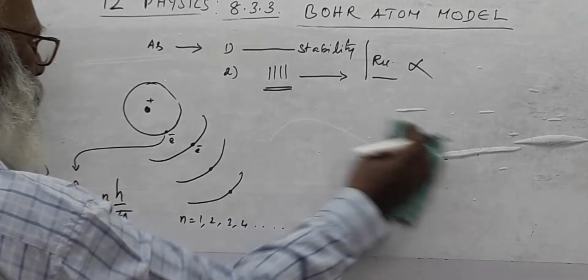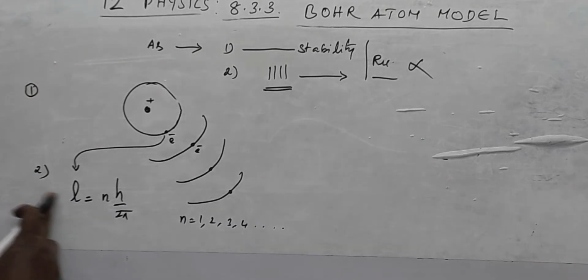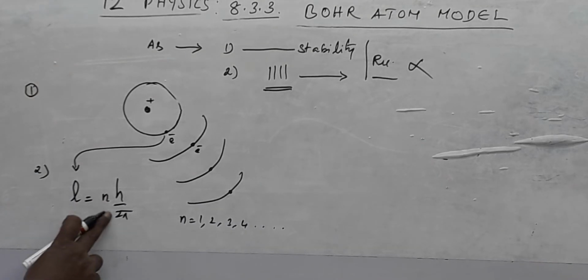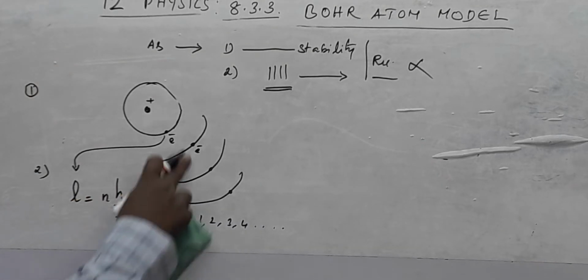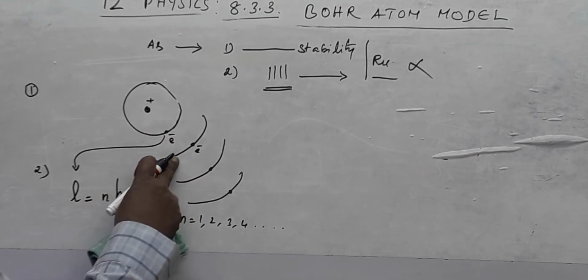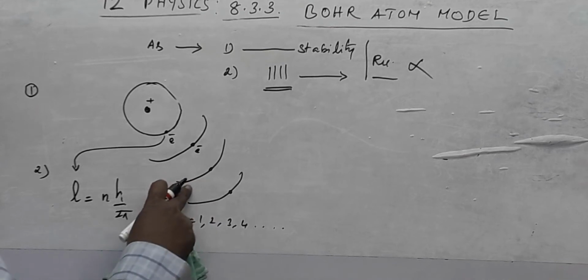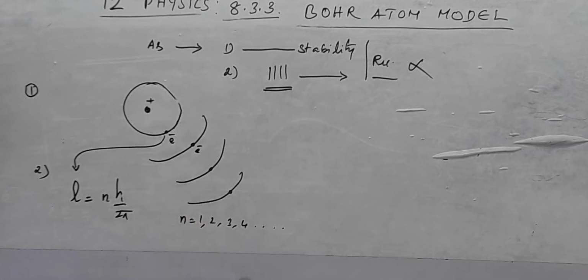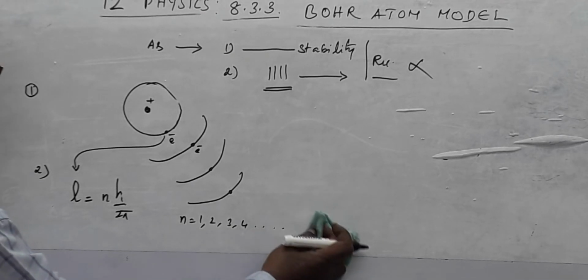Now, as per his theory, the angular momentum is L equals 1 times h by 2 pi for the first orbit. If you say 2h by 2 pi, it is the second orbit. If you say 3h by 2 pi, it is considered the third orbit. Likewise it goes on.